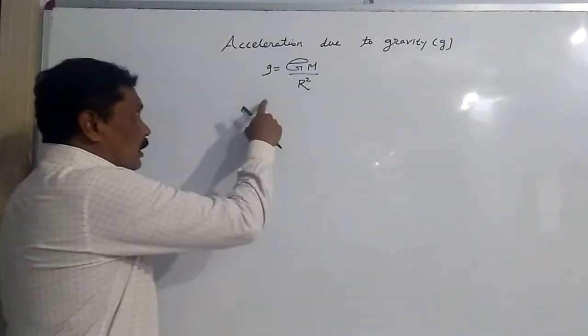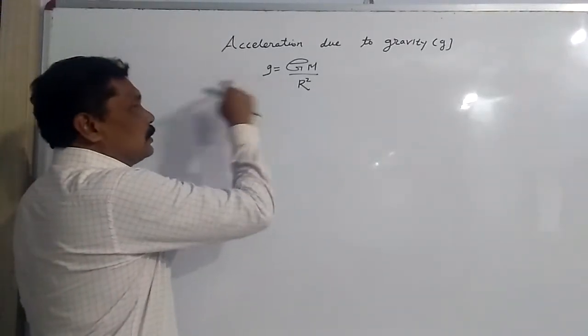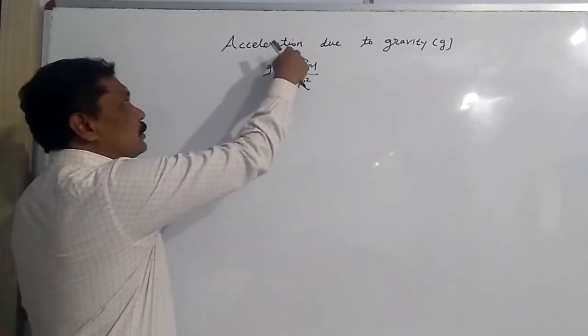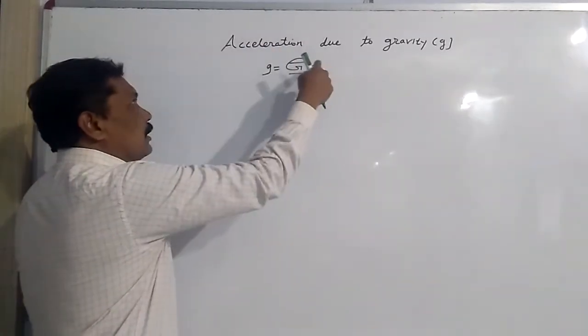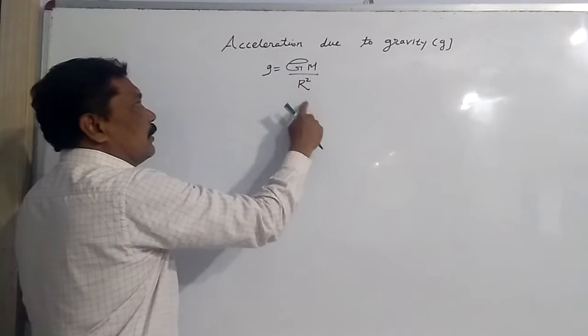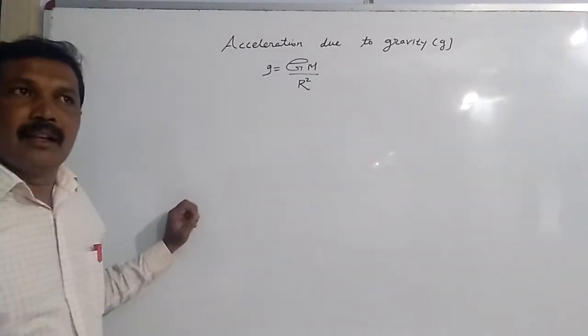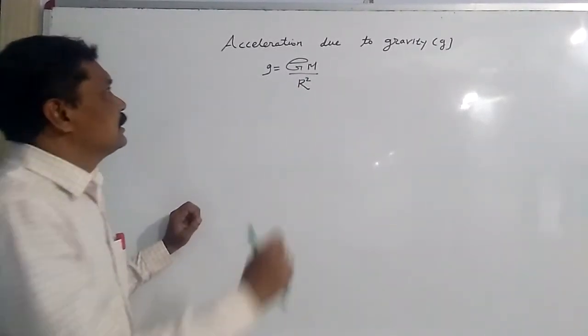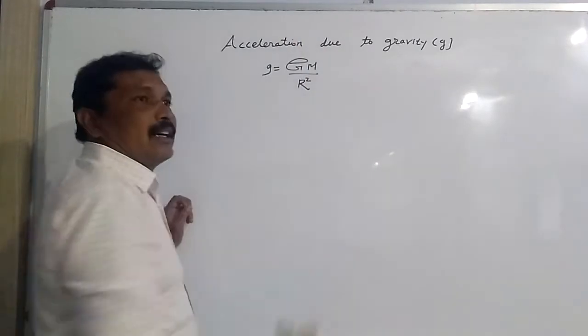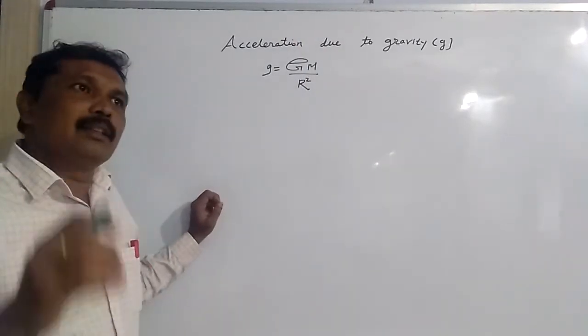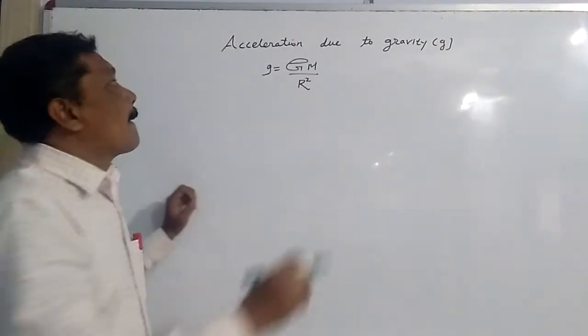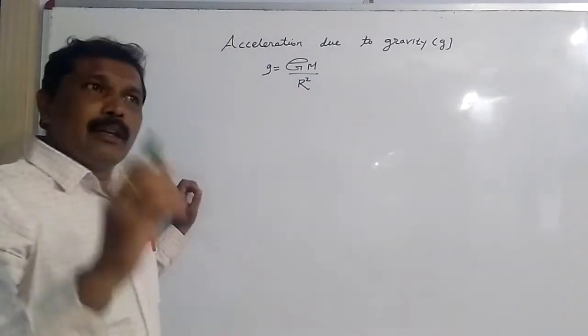If we see the formula, acceleration due to gravity is equal to capital G into capital M divided by R square. Here, my dear students, G, the gravitational constant, is a constant value. Mass of the earth is also constant.